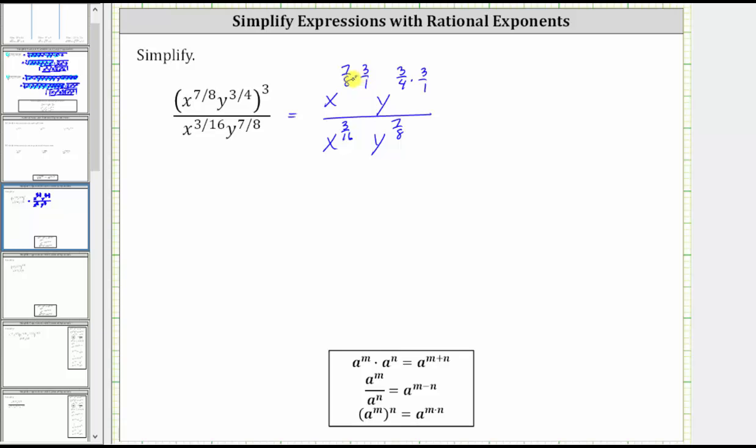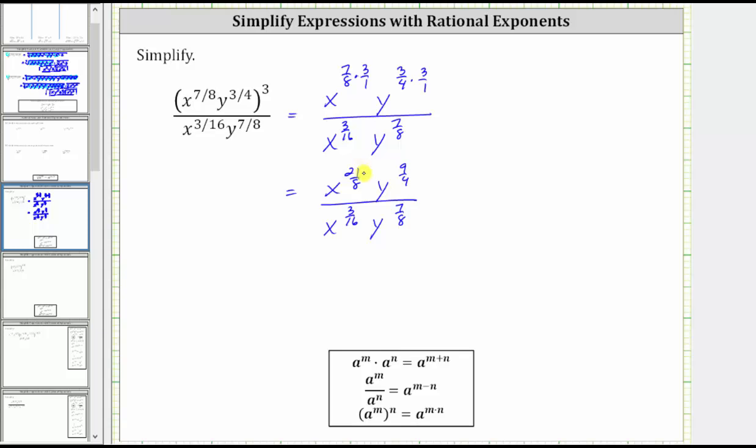And now multiplying, 7/8 times 3 is equal to 21/8. So we have x raised to the power of 21/8, y raised to the power of 3/4 times 3. 3/4 times 3 is equal to 9/4, and therefore we have y raised to the power of 9/4. This is still divided by x raised to the power of 3/16, y raised to the power of 7/8.